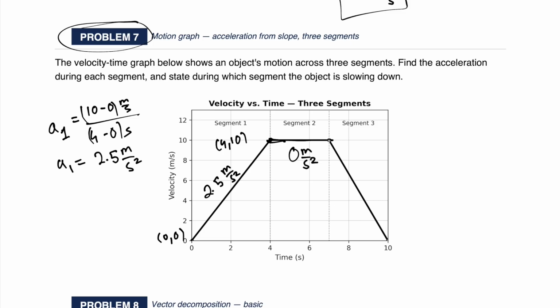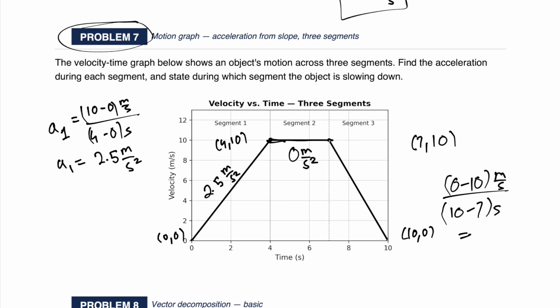This you have to calculate again. 10 comma 0, 7 comma 10. So 0 minus 10 meters per second over 10 minus 7 seconds. This is negative 10 over 3 meters per second squared, which is a continuing decimal, but I'm just going to say negative 3.33 meters per second squared.